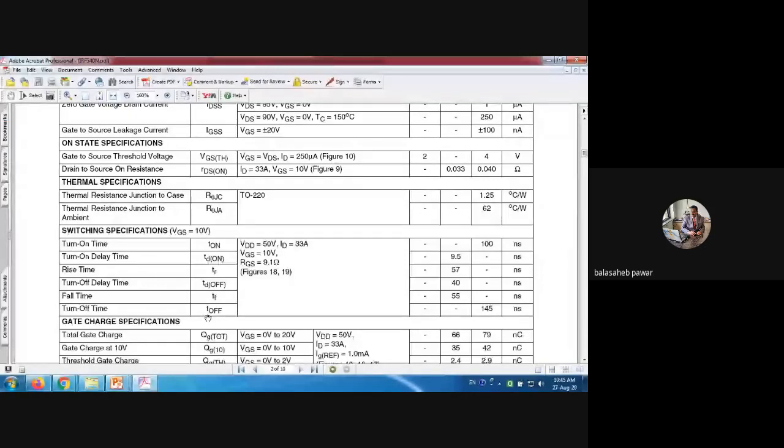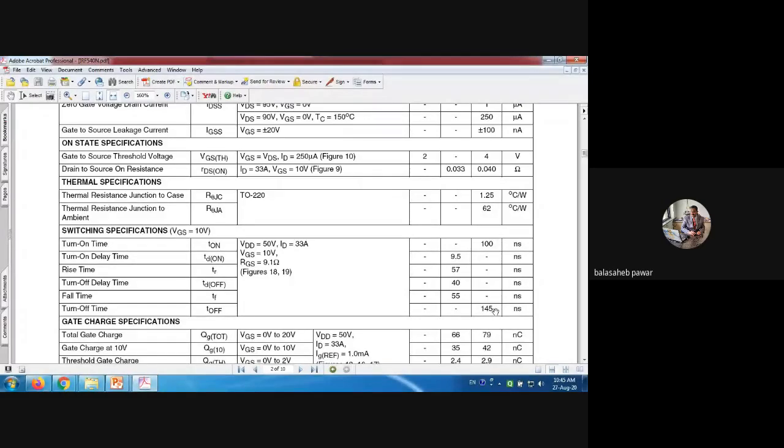That turn off time is given as 145 nanoseconds, while its turn on time is given as 100 nanoseconds. So you have to consider these two times, remember, the total turn on time and total turn off time, while selecting this switch.